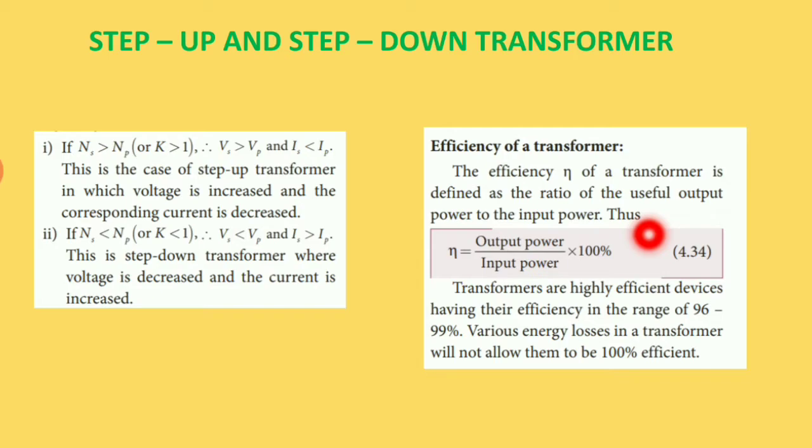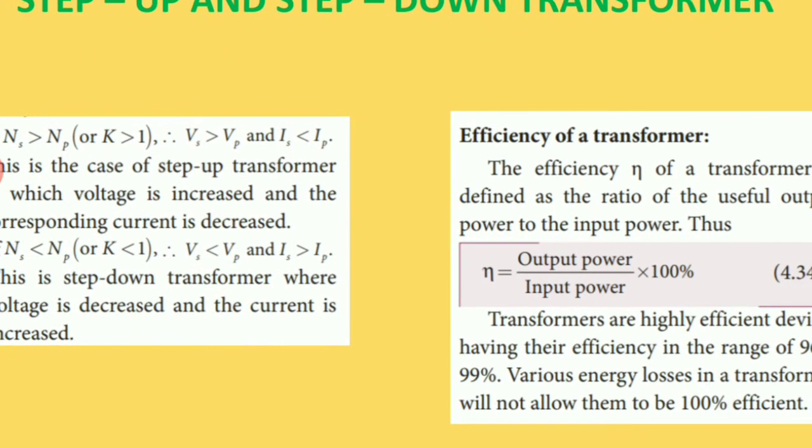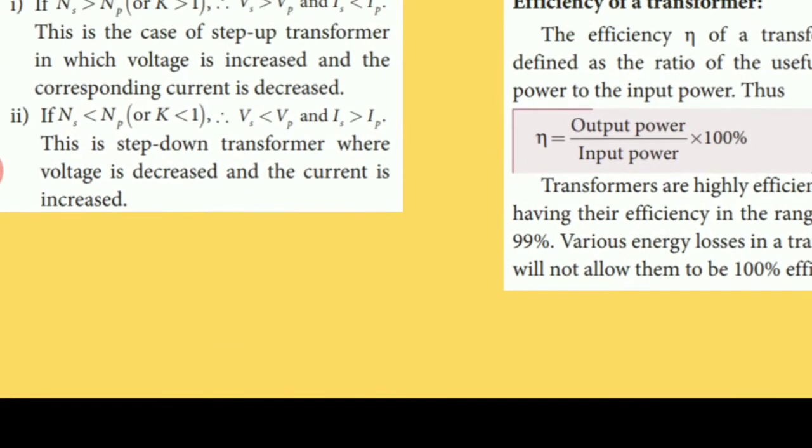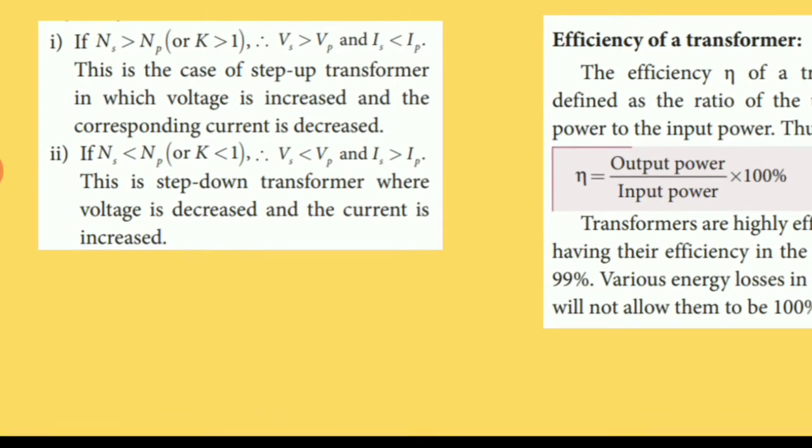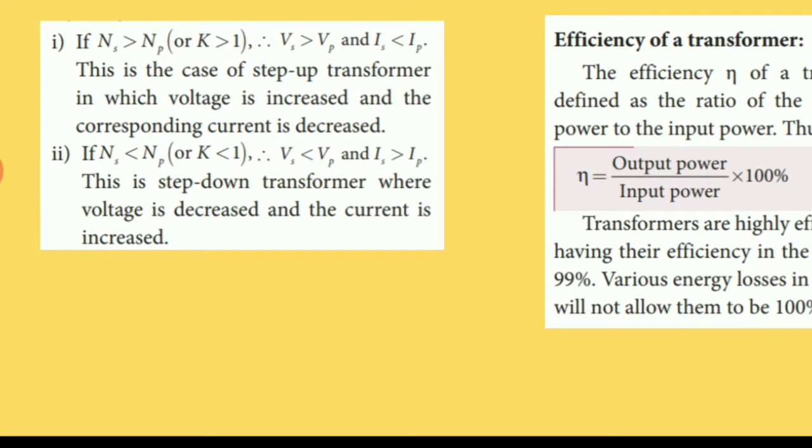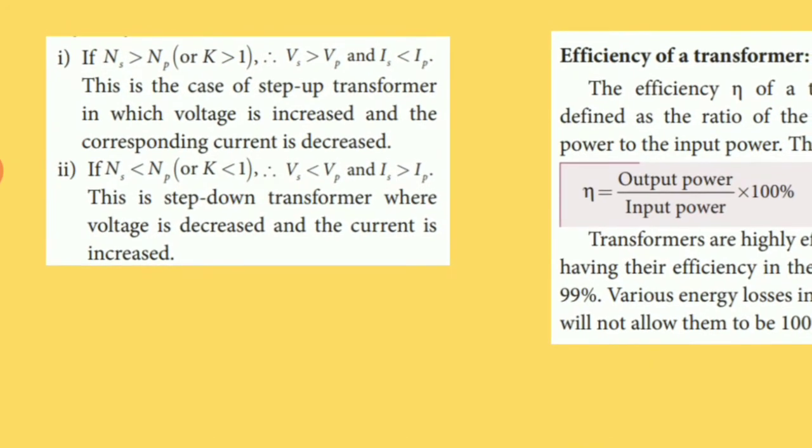Step up and step down transformer. Case 1: if Ns is greater than Np, or K greater than 1, since Vs is greater than Vp and Is is less than Ip, this is the case of a step-up transformer, in which voltage is increased and the corresponding current is decreased.